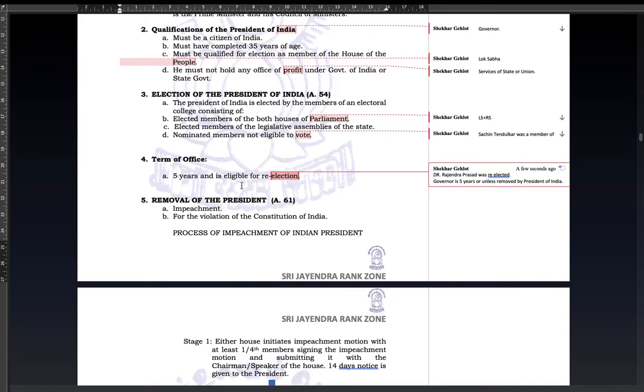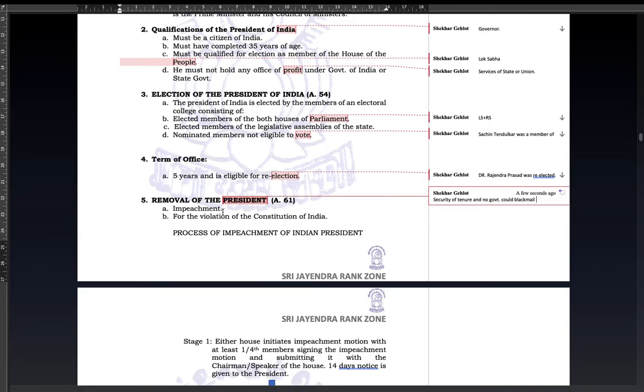The President of India holds a very important position in the Indian democratic system, so to ensure that the president has a security of tenure, and no one could blackmail him, no government could blackmail him with his tenure. That is why he is given a very difficult procedure for removal, that is called impeachment.